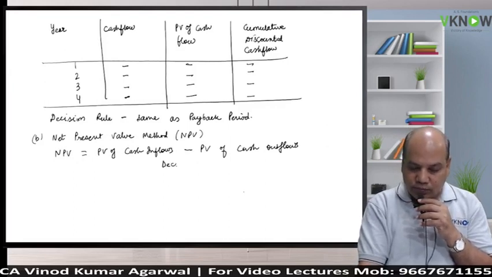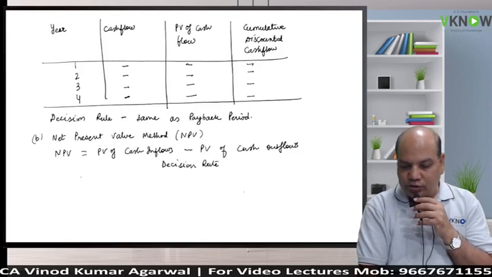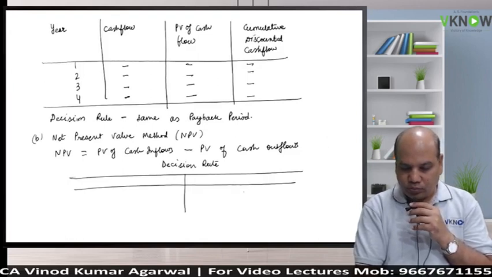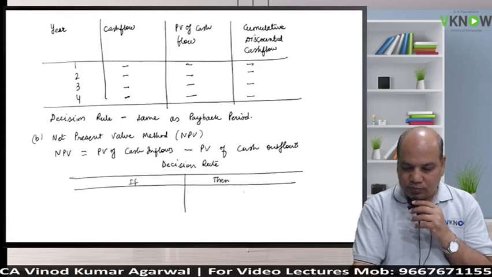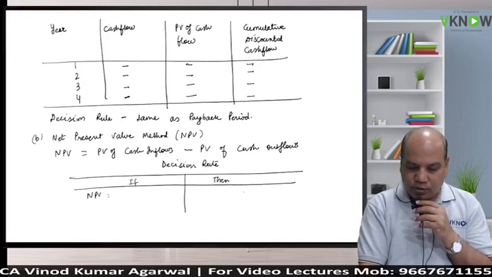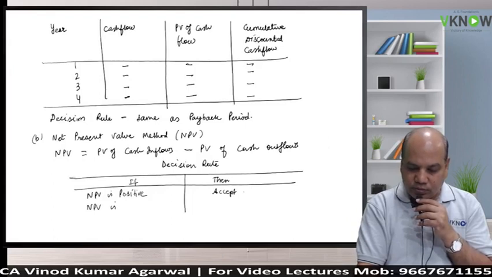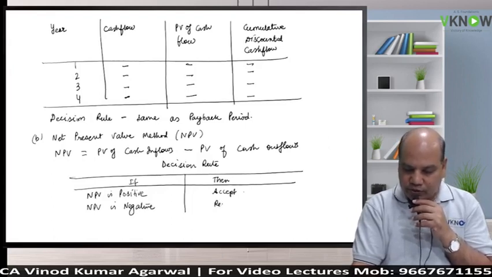Write down a little fast, it is in your interest only. Decision rule: if NPV is positive, accept. NPV is negative, reject.